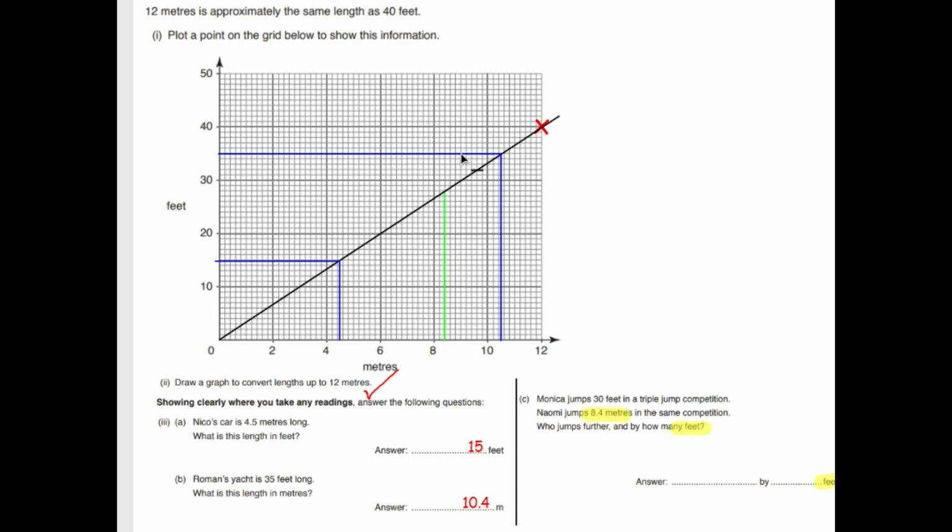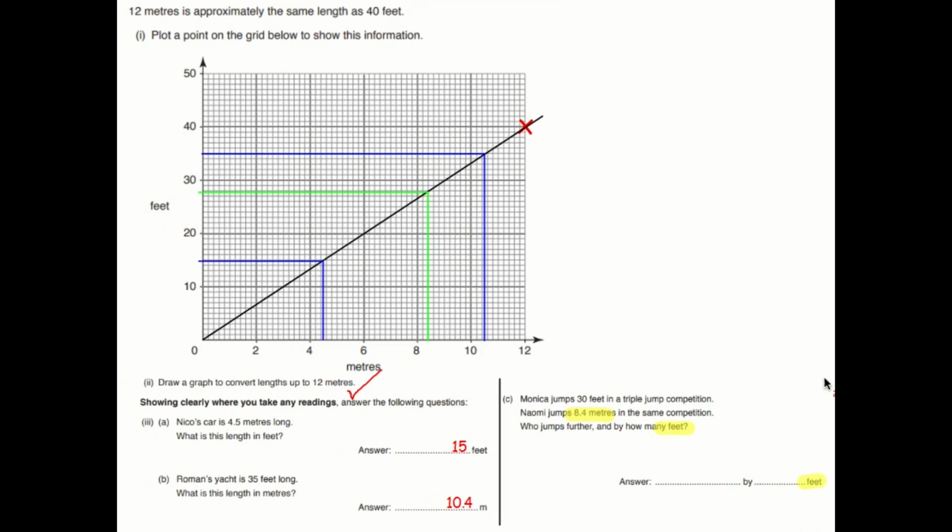Go up to where it hits the graph. Read across, and you find out that that is 28 feet. So if Monica's jumped 30 feet and Naomi has jumped 28 feet, Monica jumps further by 2 feet.